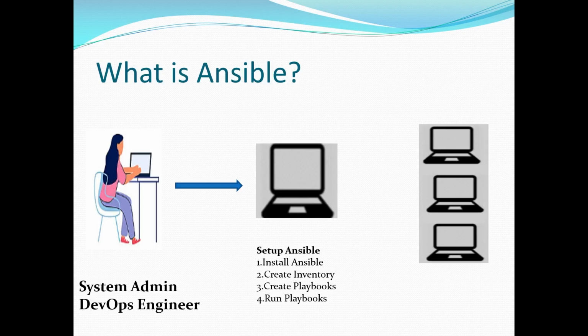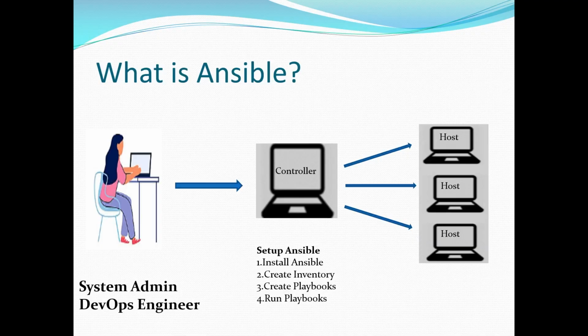Whatever is written in that playbook, all those instructions will be executed on the host systems. Got it? So the systems where the instructions are run are called the hosts, and the system from which or via which the instructions are run is called a controller. I hope you have understood this. It's very simple.